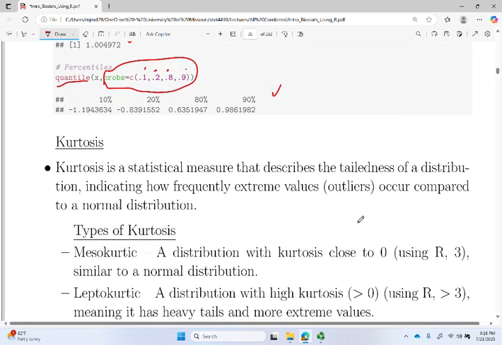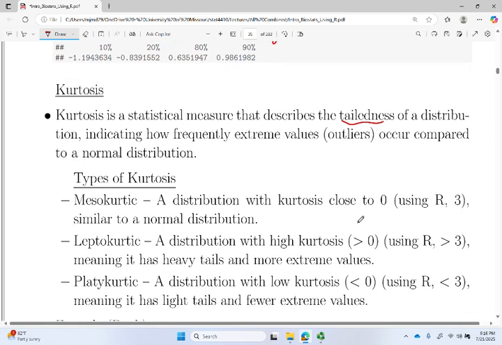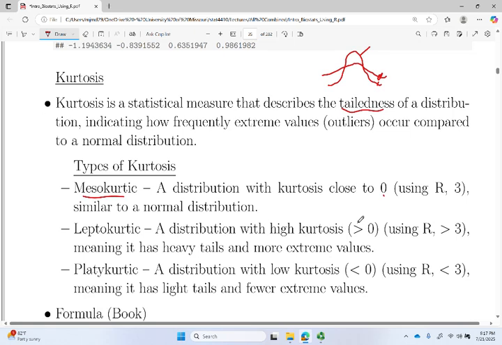Now kurtosis tells us how heavy the tails are, the tailedness of a distribution, if that's a word, I don't know. And it's all relative to the normal distribution. So if we have a normal distribution, then the kurtosis would be 0. The normal distribution is called mesokurtic, and so we get a value of 0.